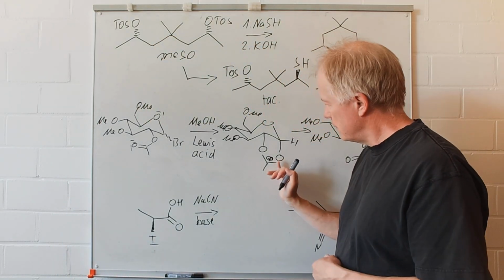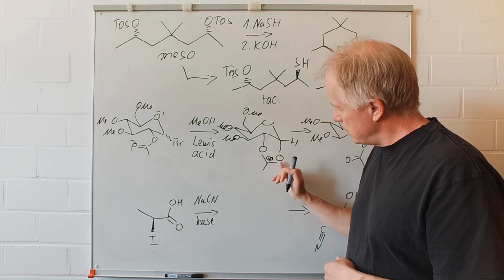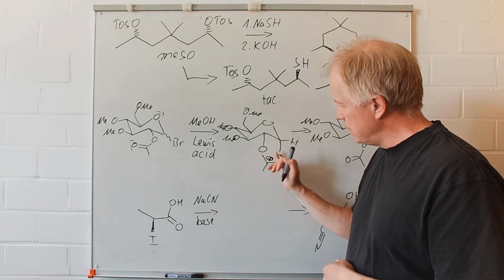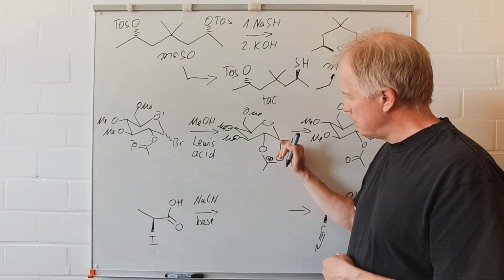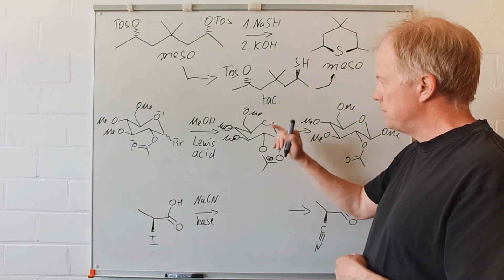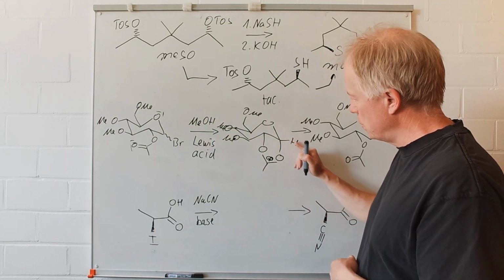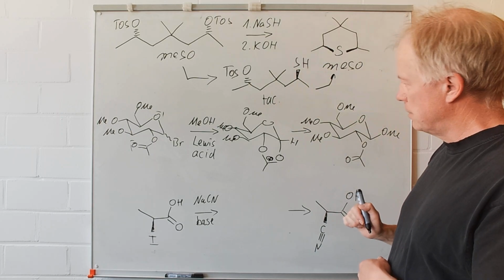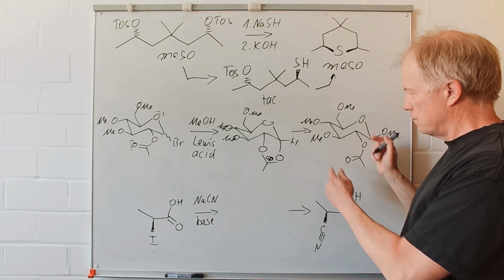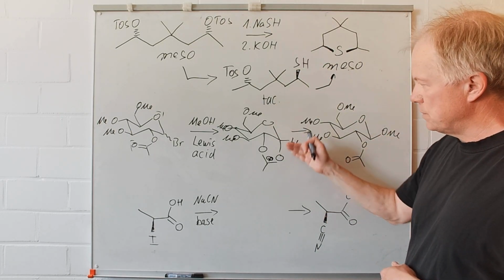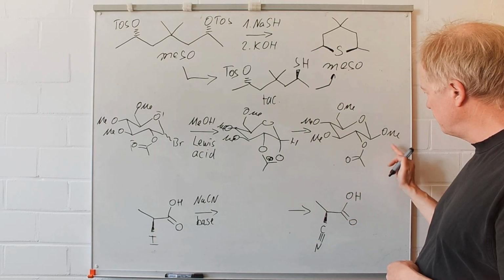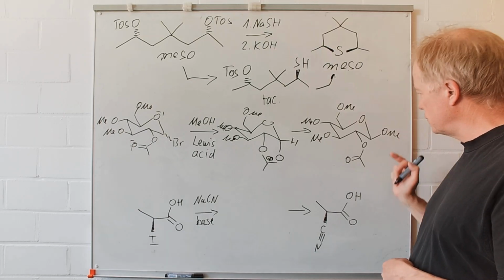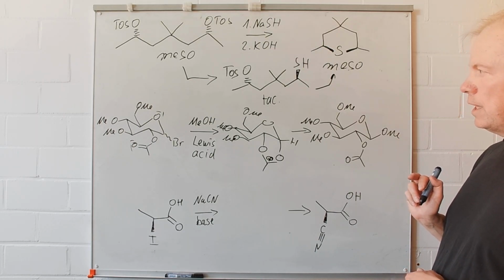And this is still a good leaving group here, of course, but in the meantime it is blockading an approach of the methanol from this side, and only from that side the methanol can approach this molecule, this reactive intermediate, and it will lead highly selective to this stereoisomer.